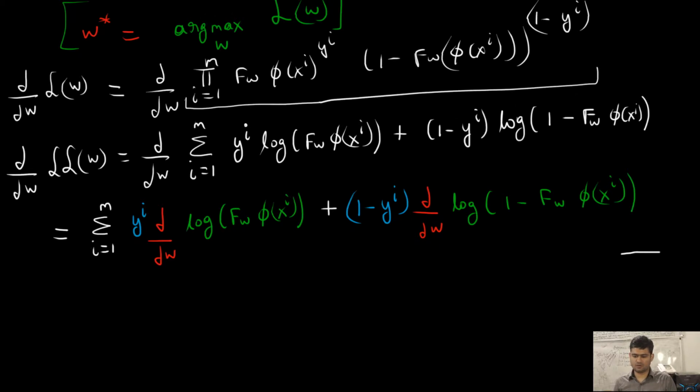The summation is over this entire term, which is represented in a bracket. So we can ignore this bracket to make it look simpler.